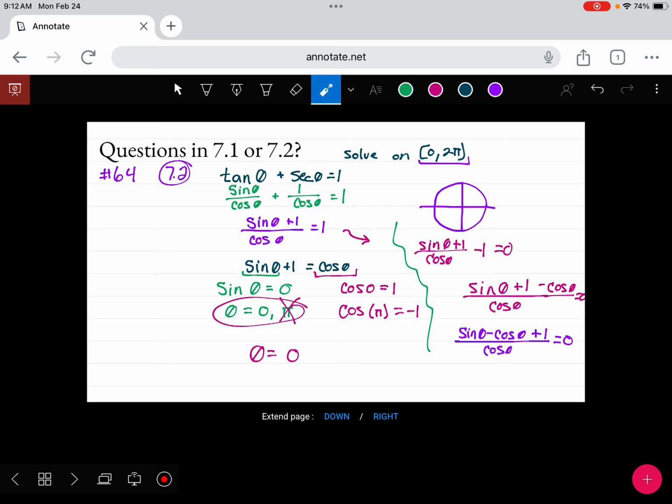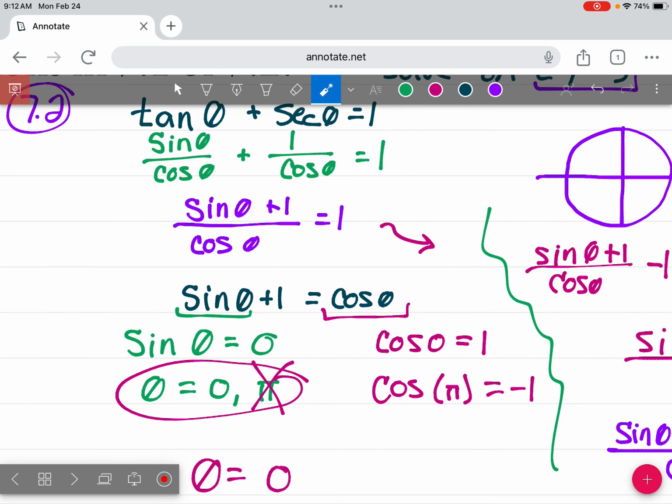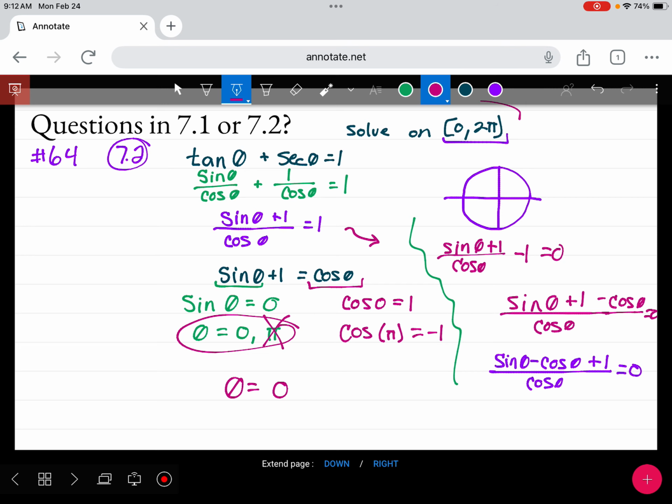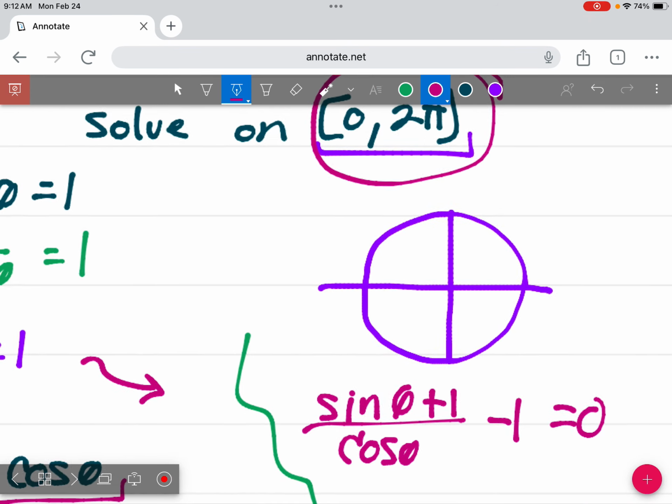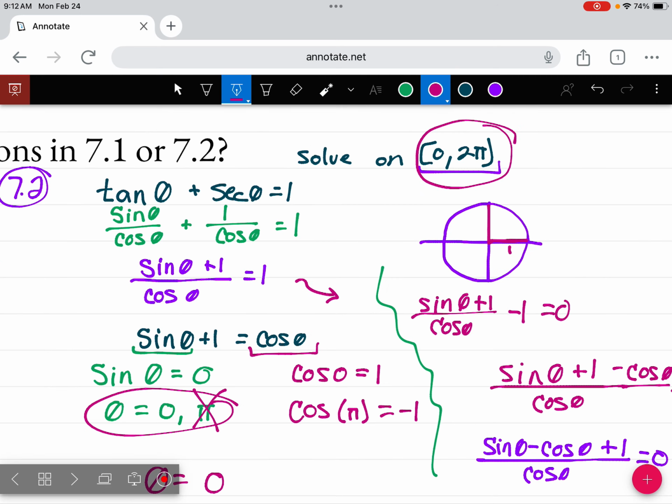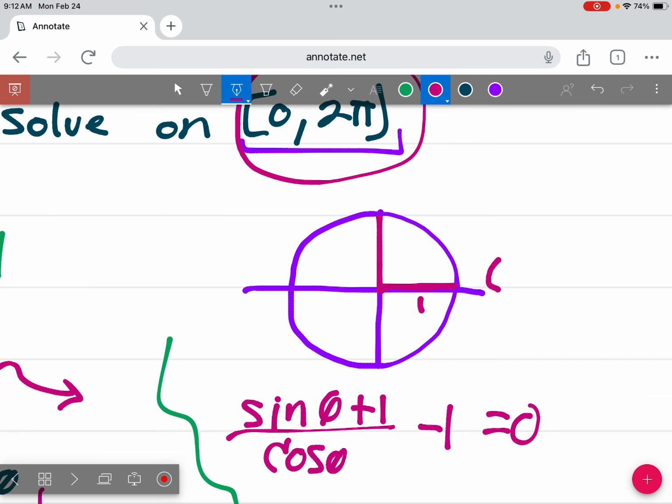Why would sine have to be 0? Because we're on our unit circle, we're in this interval here between 0 and 2 pi. This has a radius of 1, like our unit circle is. That's why it's called the unit circle. So we know that the biggest value we have is 1, and that happens on our quadrantal angles here. So we have our 0, 1, our 1, 0, our 0, negative 1.